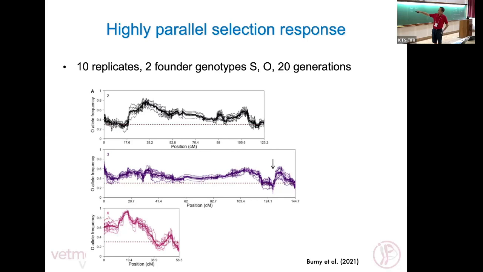This dotted line is the starting frequency, and then you can see that the frequency changes. What's quite surprising is the very strong frequency change that we see within only 20 generations. It is a frequency change of 50% in 20 generations. It's massively strong selection that we see there.